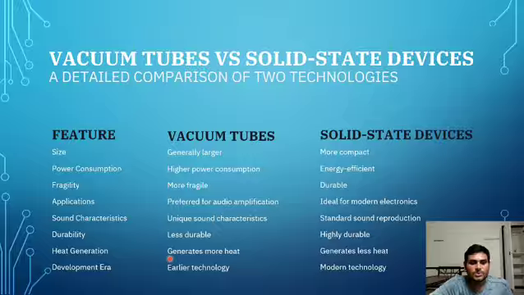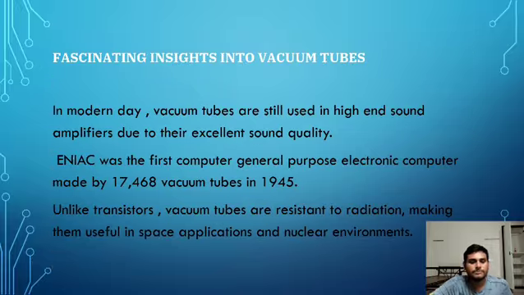Heat generation, so they generally generate a lot of heat, and that's because their mechanism is based on heating process only, and solid states generally do not produce that much heat. And the development era, so it was in the earlier technologies, and that was before 1950s. And nowadays in modern technologies, we have solid state devices because they have a very high frequency and switching capabilities.